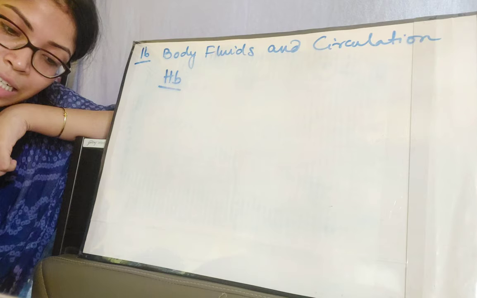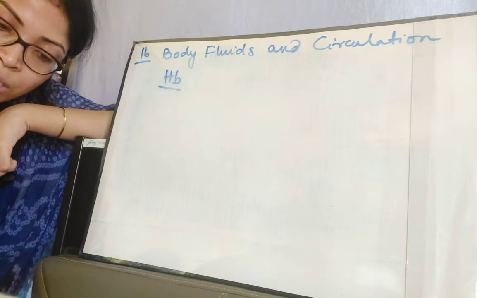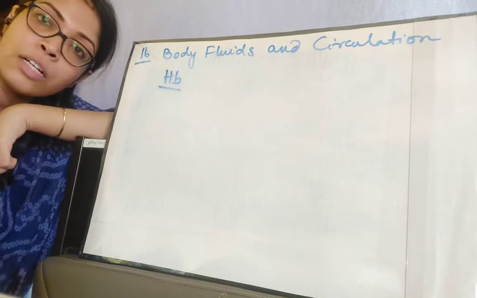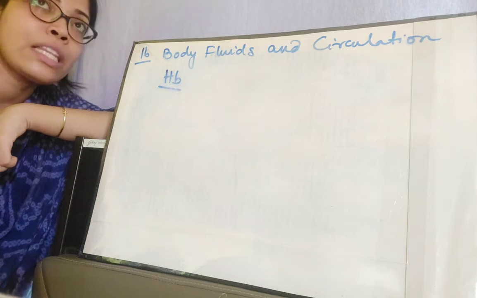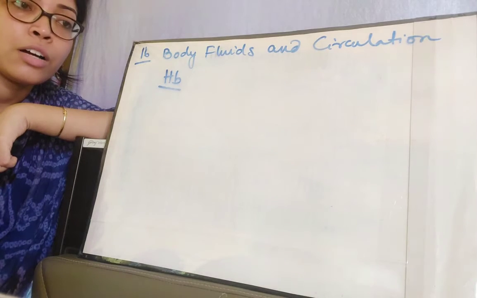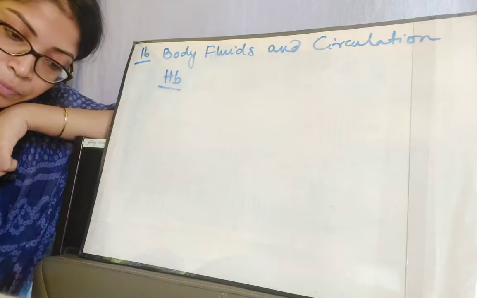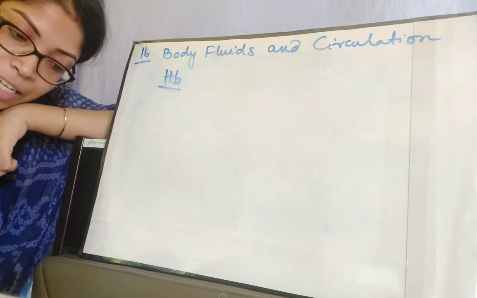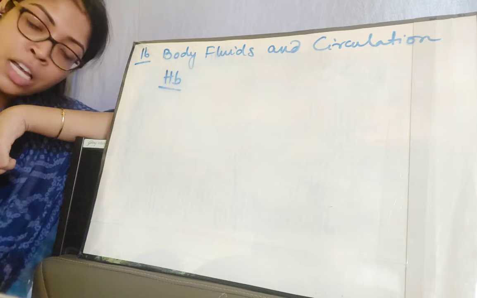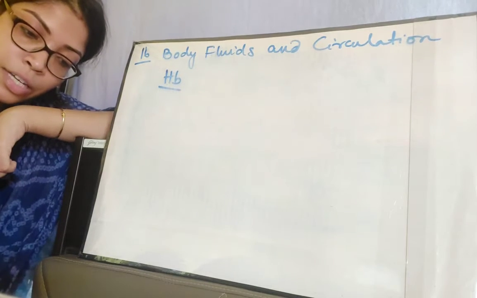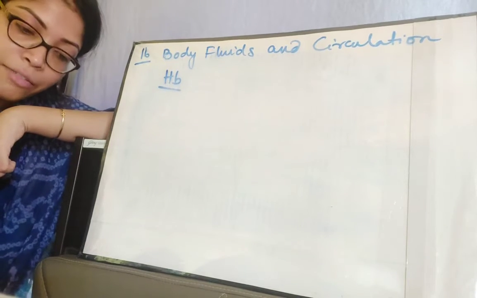Heme is an iron containing pigment, whereas globin is a histone type of simple protein. You have previously learnt about globin protein in the chapter where classification of proteins was there. Iron is present in the ferrous state. Just the first two lines in this portion will be enough.